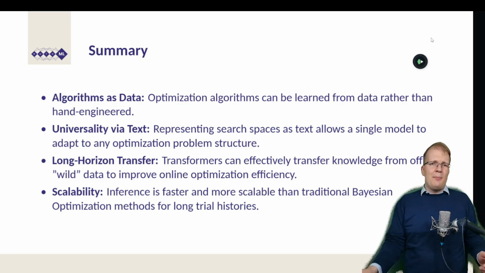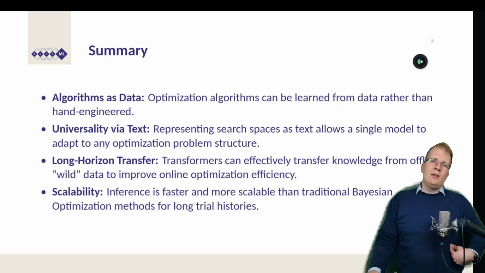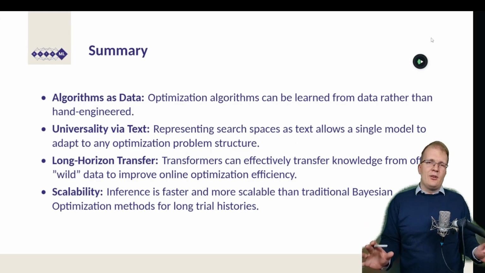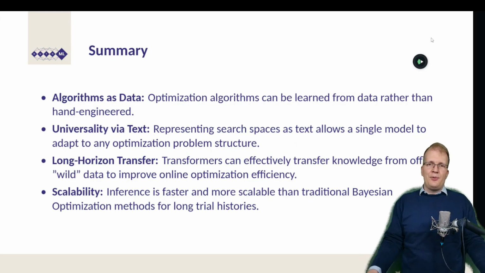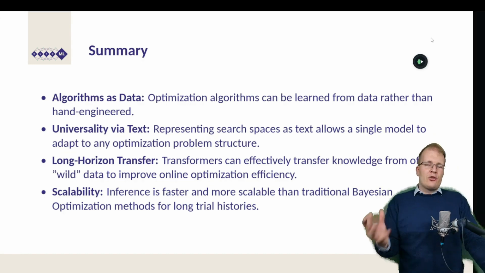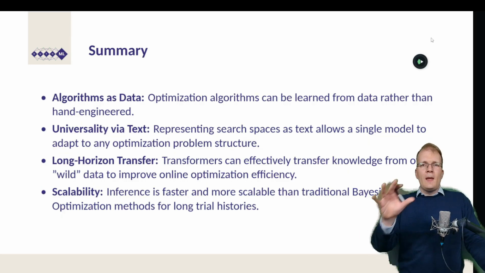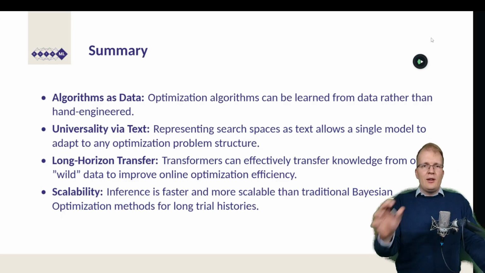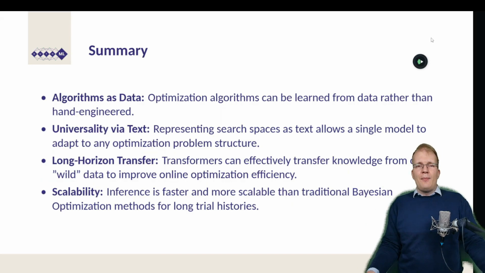To sum that up, we're using algorithms here as a data source, right? So we have optimization algorithms, which we discussed before, and by running them over and over again, maybe with your customers or maybe on artificial problems, we should keep track of this very valuable information to leverage it. And then train a transformer model, put that in a text representation, and learn one very big transformer model.